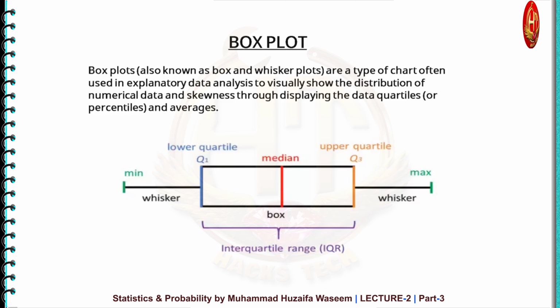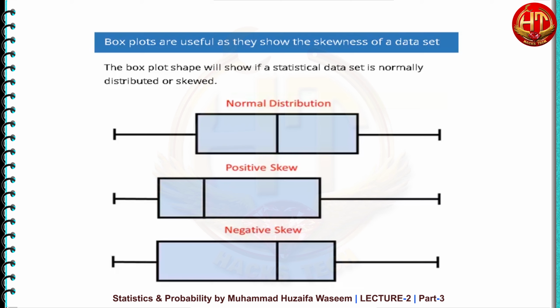box plot. Box plots are useful as they show the skewness of a data set. With the help of a box plot, how can we comment on the shape of the distribution? Okay, you can see that when the median is in the middle of the box and the whiskers are about the same on both sides of the box, then the distribution is symmetrical or normally distributed.